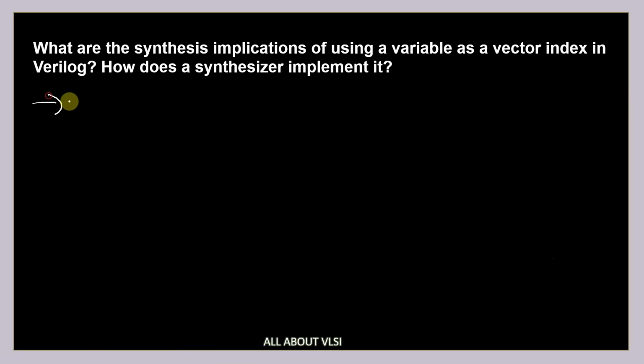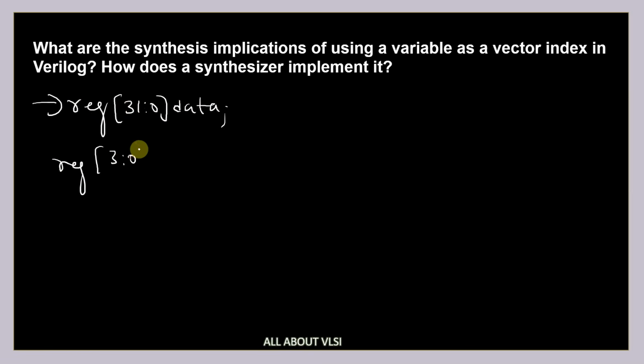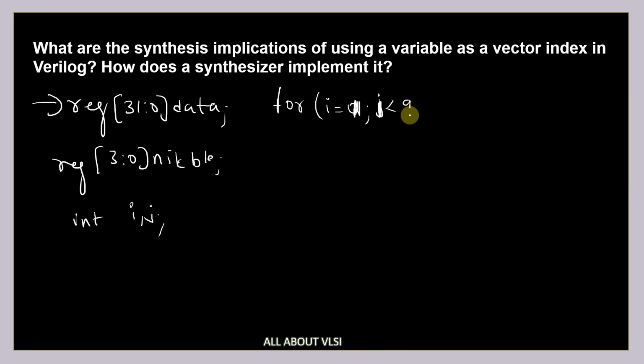So let's say we have reg [31:0] data and reg [3:0] nibble. And here, instead of using constant indexes, I'm going to use variables. So I'm going to have int i and j, and write a for loop: i is equal to 1, i less than 9, i equal to i plus 1.